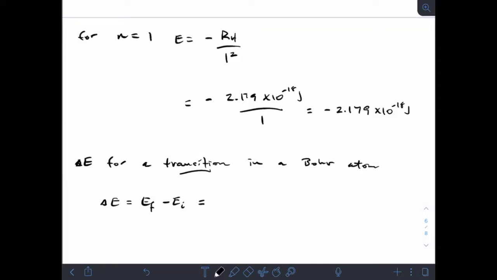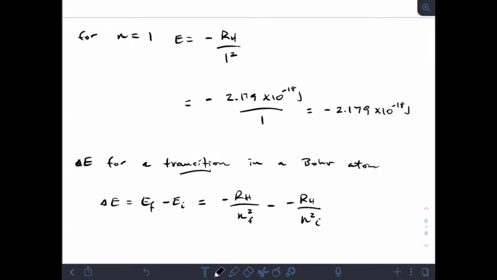So I can use that same equation, and I get negative RH over n squared final minus negative RH over n squared initial. Okay, so you can absolutely solve this equation like this.